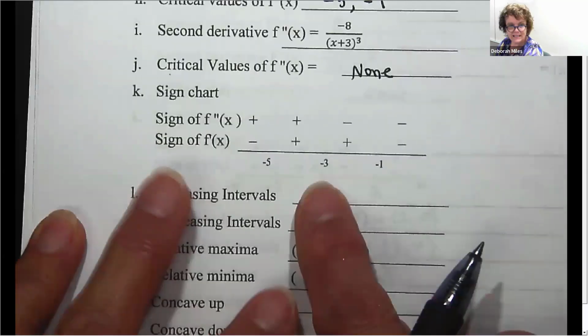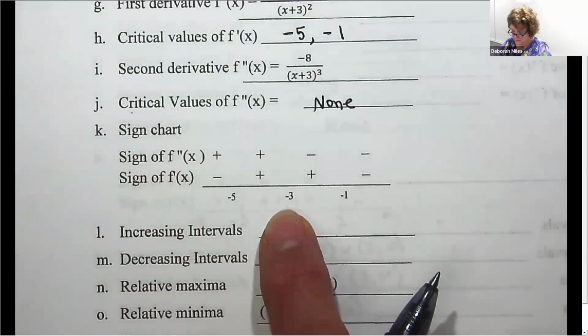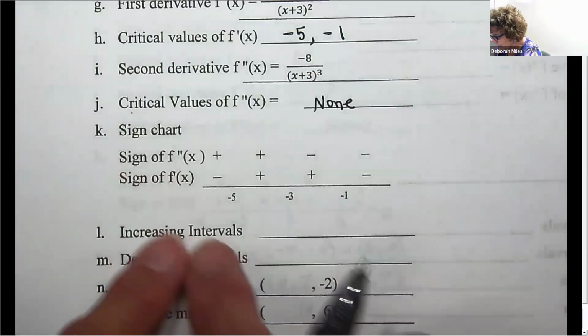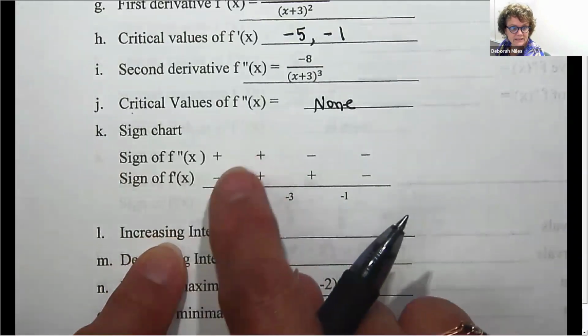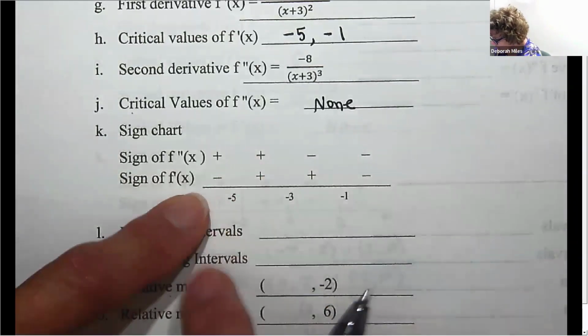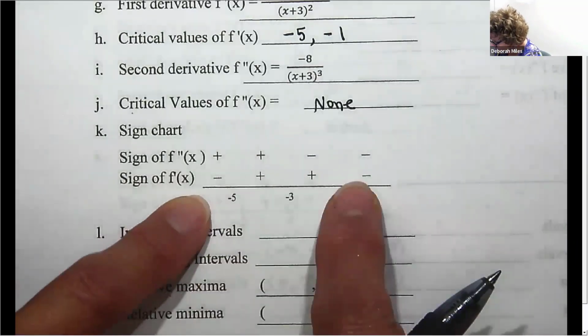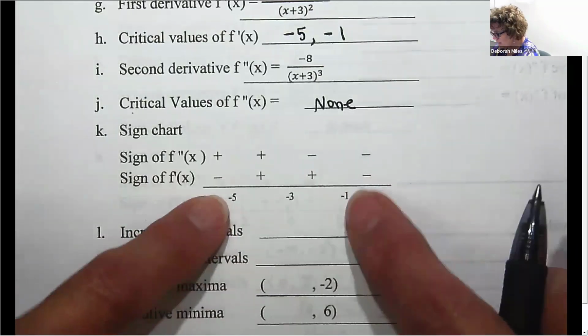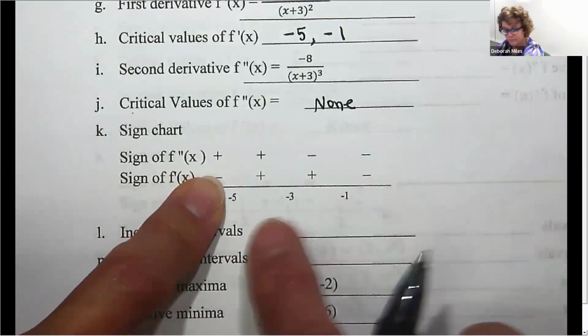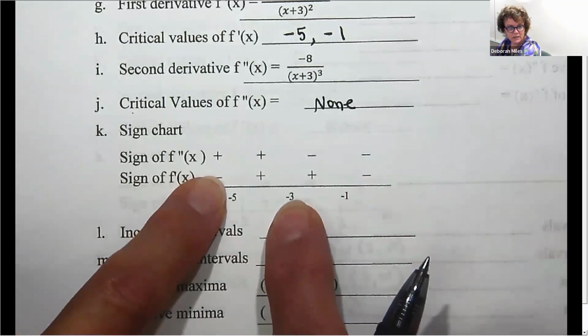I went ahead and did the sign chart again, just to save time. I think you know how to do that now. Let's get our increasing intervals, looking at the sign of the first derivative. The function is increasing where the first derivative is positive. I don't want to write that interval all the way from -5 to -1 because there's a vertical asymptote at -3.